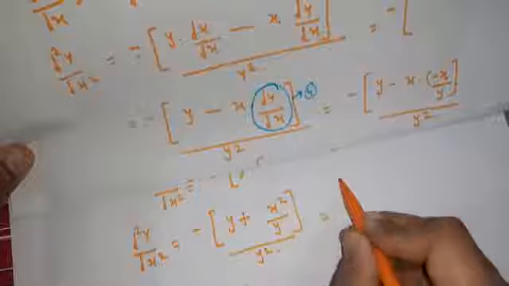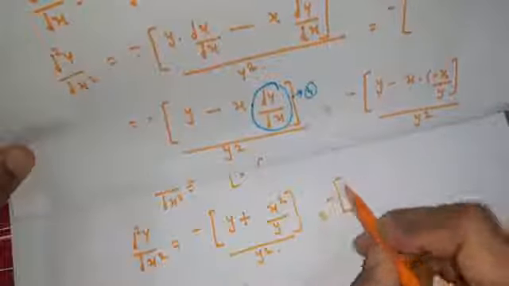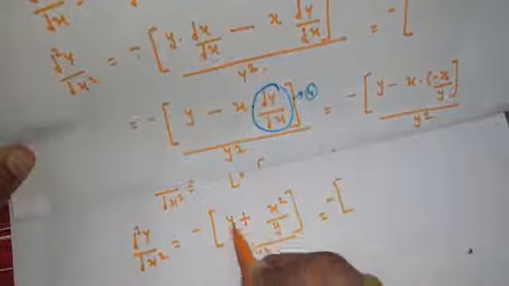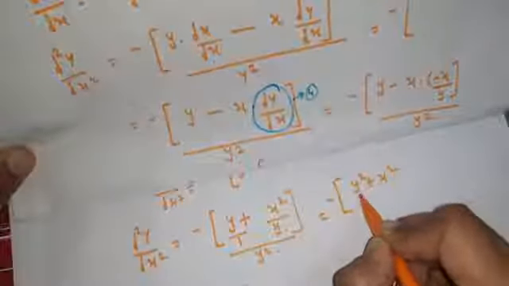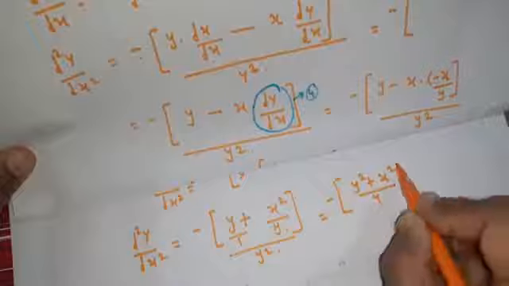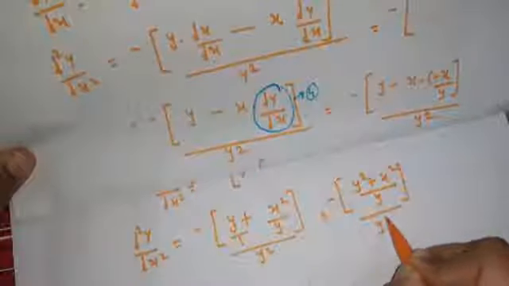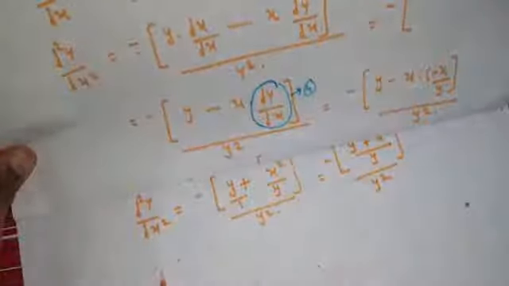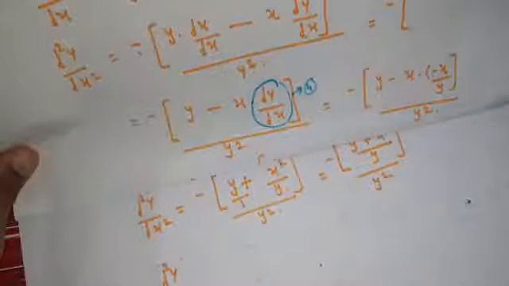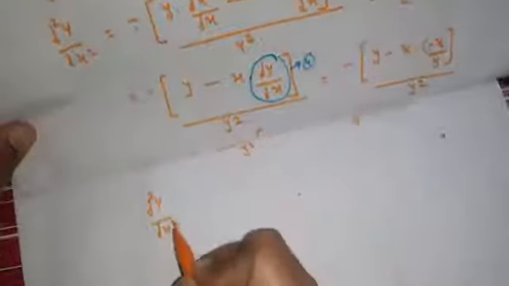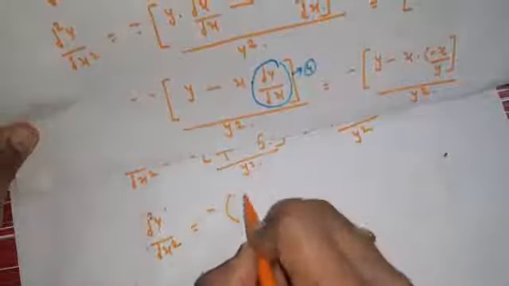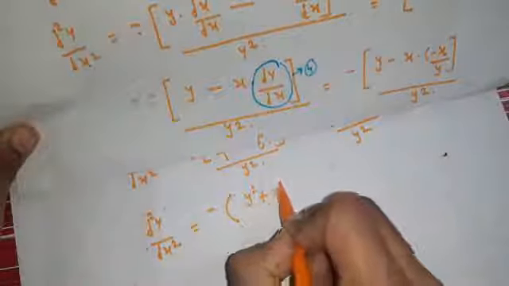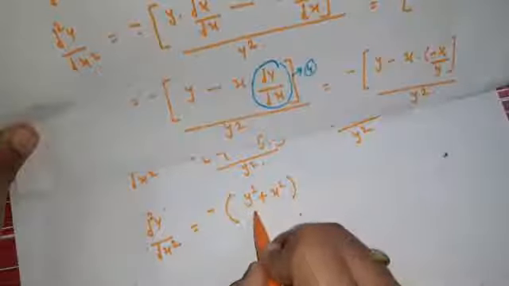Okay, and this is equal to minus sign outside, the LCM is y into y, that is y square plus x square upon y square, and hence d2y by dx square equal to minus x square, that is y square plus x square upon y cube, hence the proof.